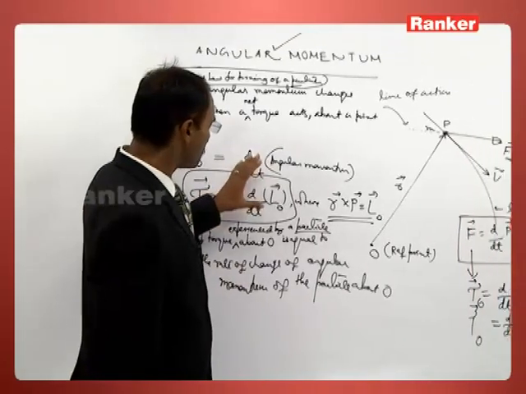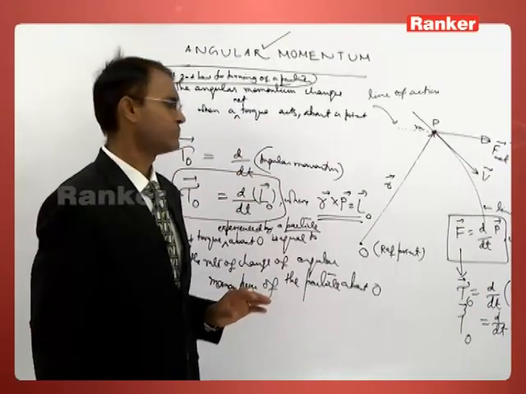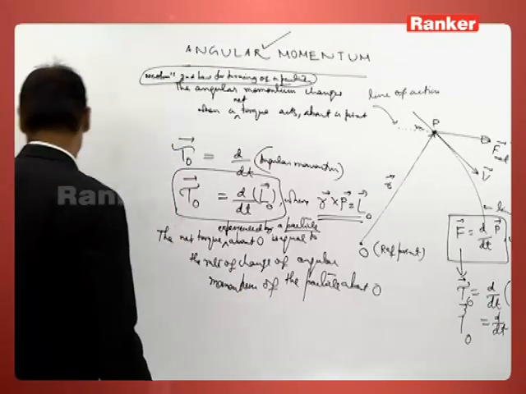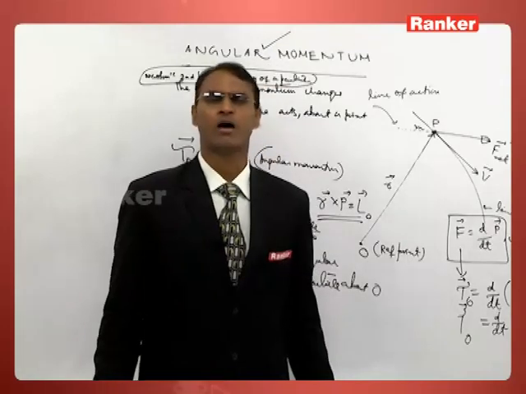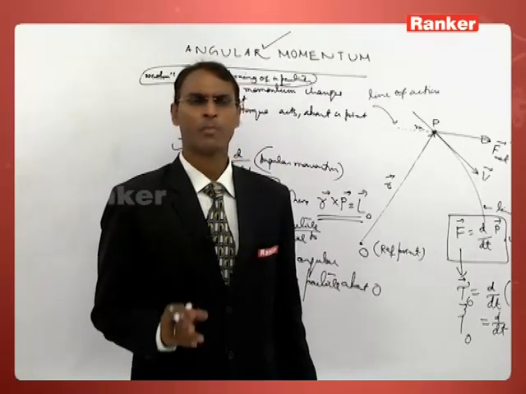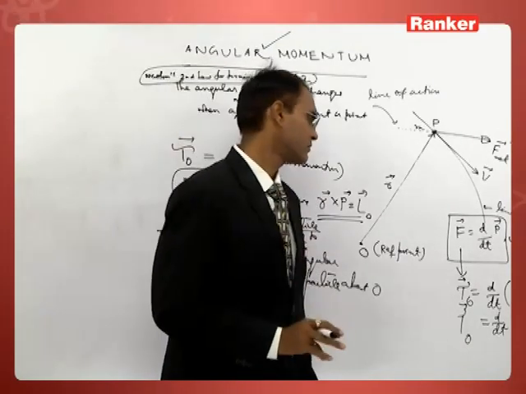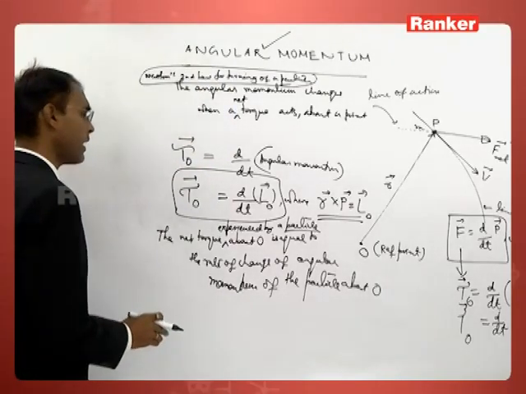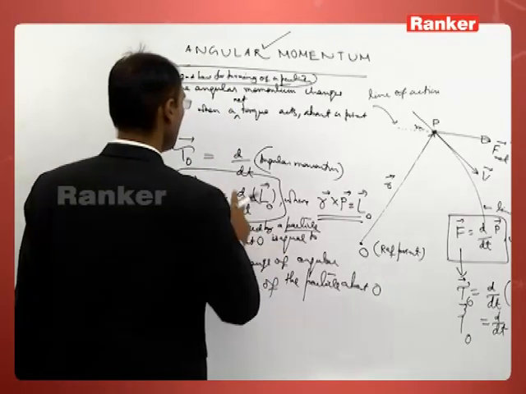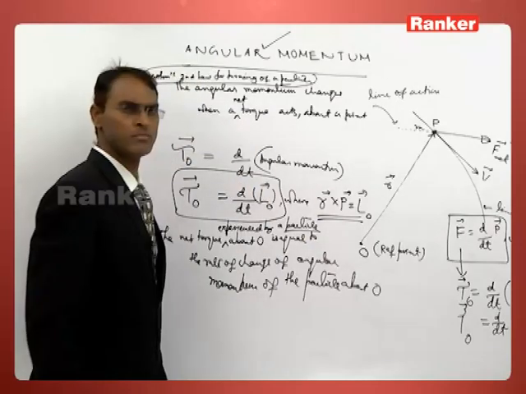Let me analyze the physical significance of angular momentum. Angular momentum changes only when the particle experiences a net torque, and the net torque experienced by the particle is equal to the rate of change of angular momentum.